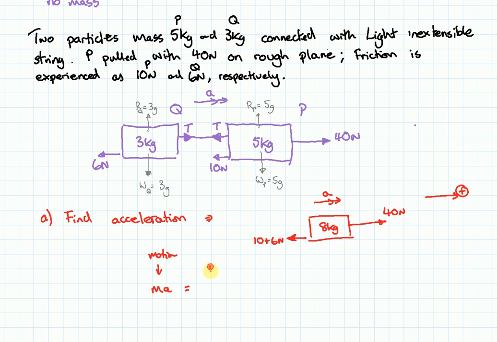So the positive force is the thrust, which is 40 newtons. And subtract from that the resistance or friction, which goes in the opposite direction, of 16 newtons. So that's what we're describing up here.